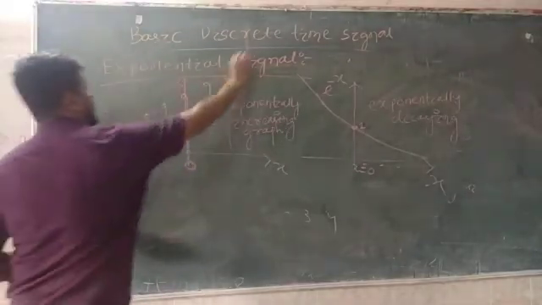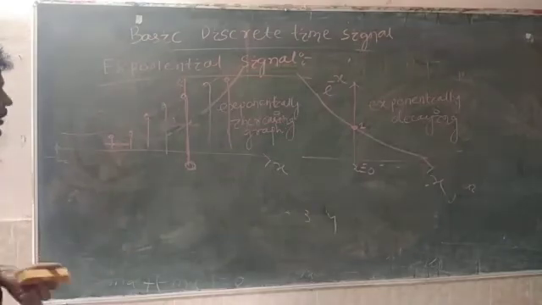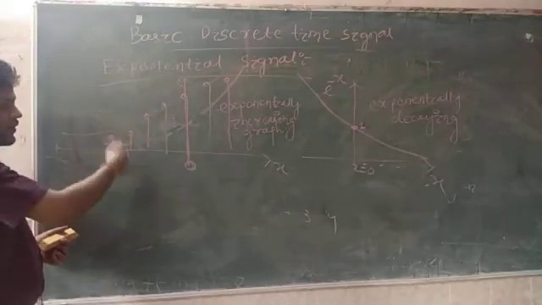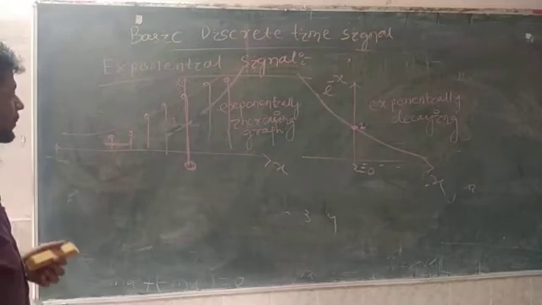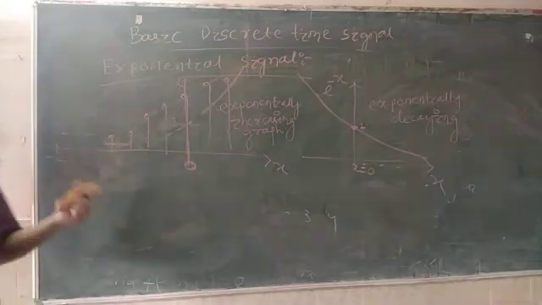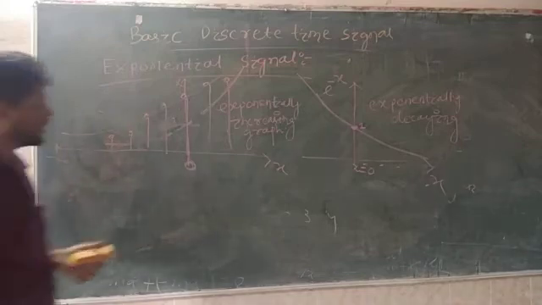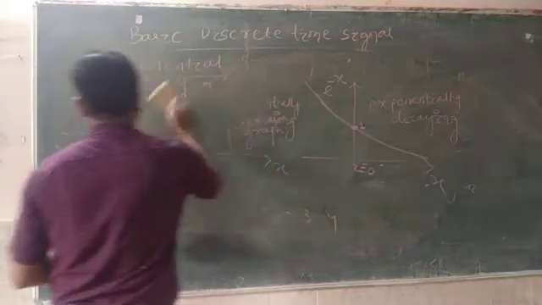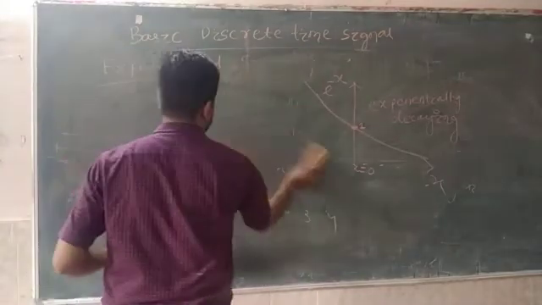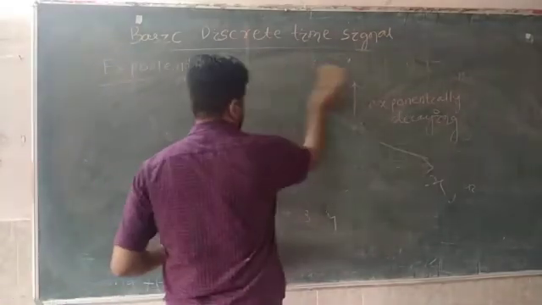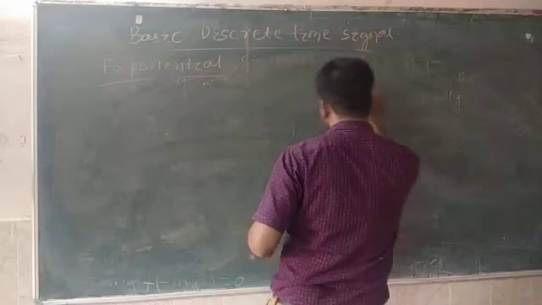These are samples; this is not continuous, it is only defined at integer values of time. So how do we represent the exponential sequence in discrete time? This is very, very important, and we find lots of problems on this exponential sequence.